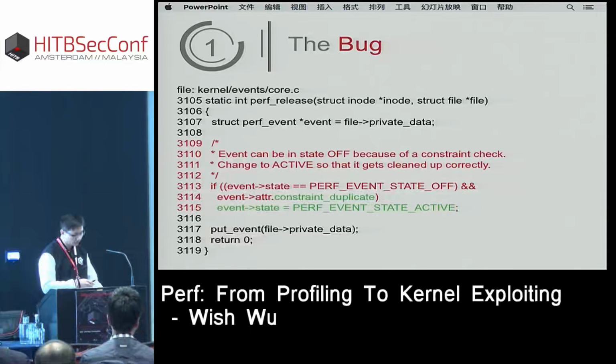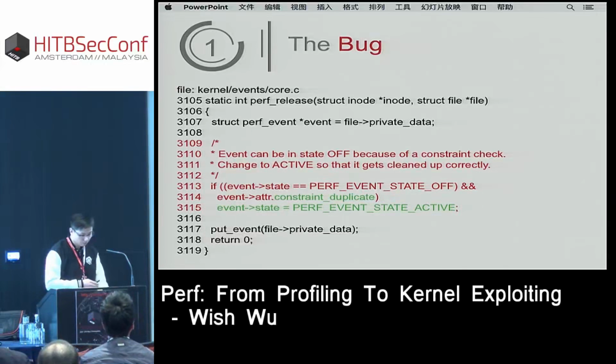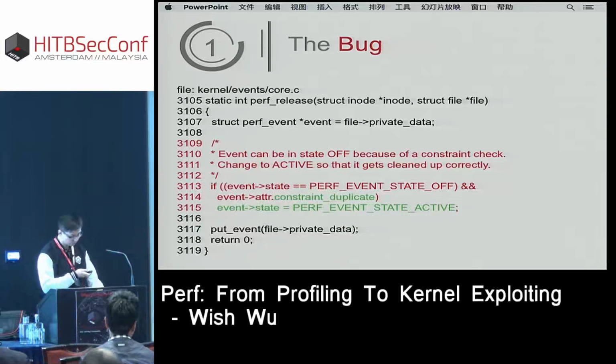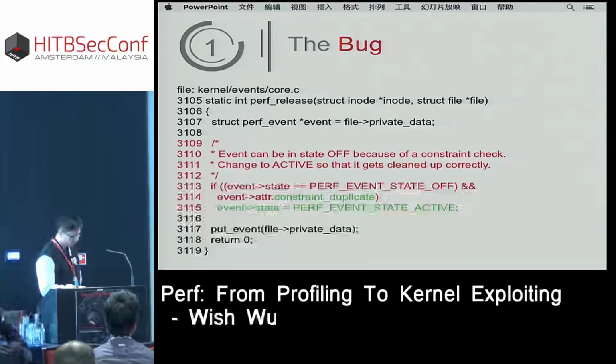Here is the bug-related source code. The red lines are added by Qualcomm or Google. The variable constraint_duplicate is added into the function perf_release. perf_release is connected to the close system call. If we invoke close on a file descriptor, then we invoke perf_release.